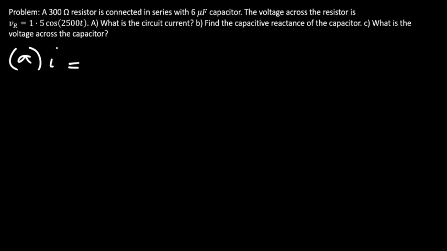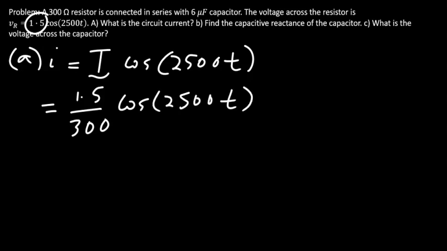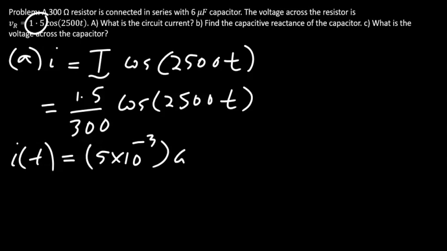So we can write it as the amplitude of the electric current times cosine 2500t, where the amplitude of the current is given by the amplitude of the voltage, 1.5, divided by the resistance of that resistor, namely 300 ohms, cosine 2500t. And the answer is I as a function of time is 5 times 10 to the power minus 3 cosine 2500t, of course measured in the units of ampere.